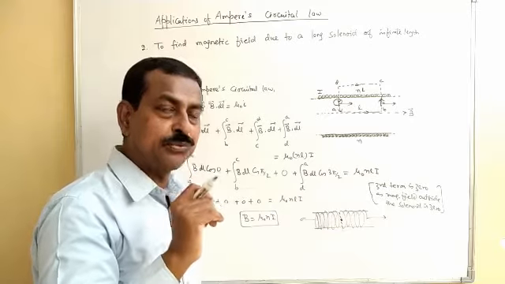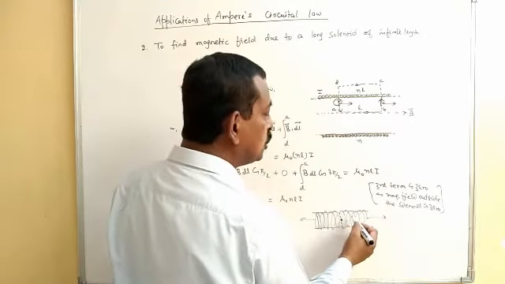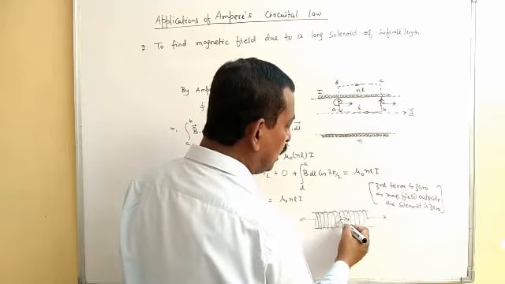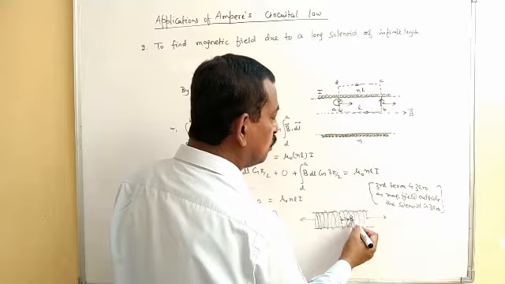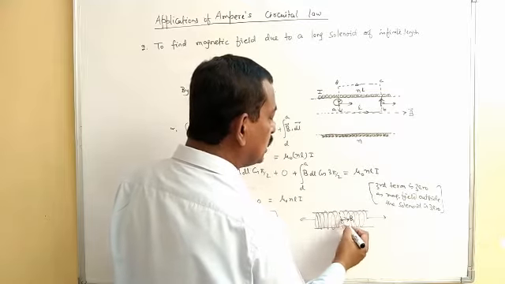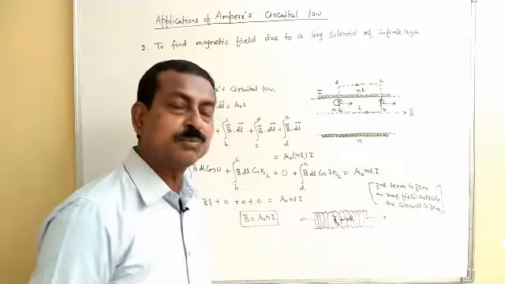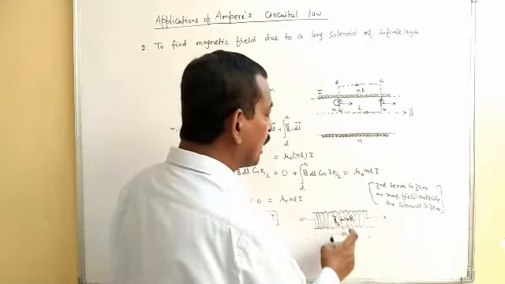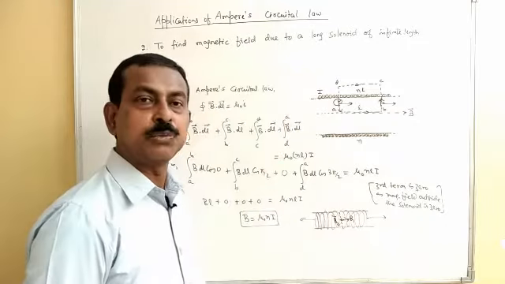So the magnetic field at one end, suppose due to the left part or the right part, is B1, or due to this it is B2. B1 is the magnetic field due to the part on the right side, extending up to infinity.